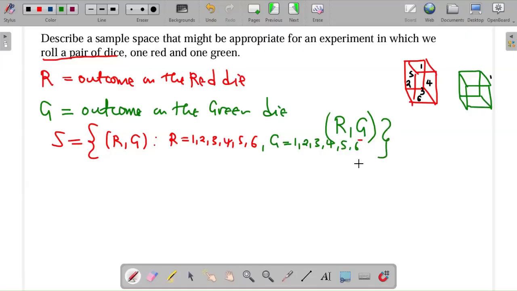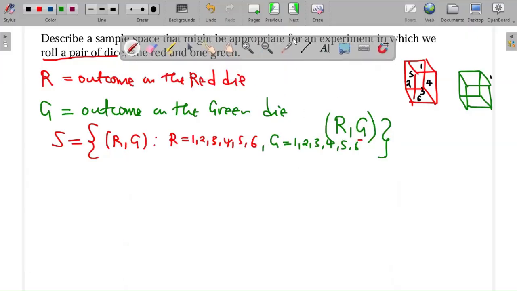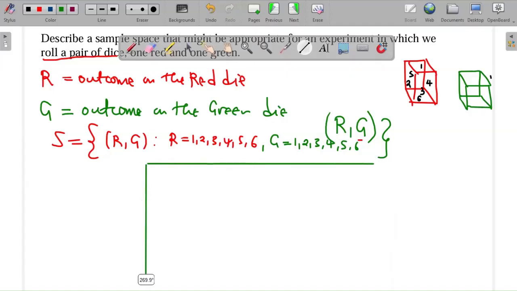This is the sample space if you'd like to represent it in set builder notation. But a very good representation is a table form. So let's draw a table here. This is my table here. I should use another color. Okay, we use black.